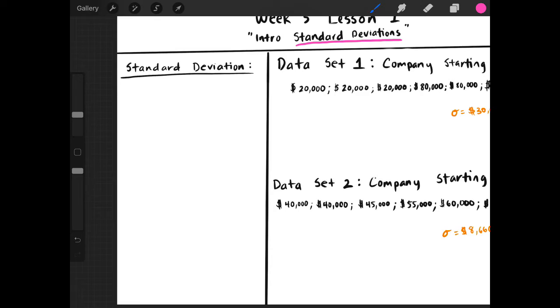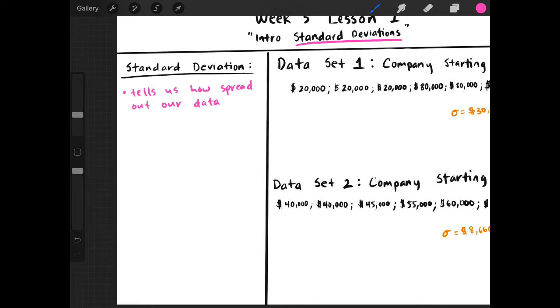Standard deviation, there's a couple different ways to think about it. The first way is it tells us how spread out our data is.